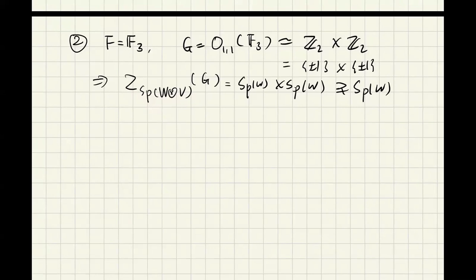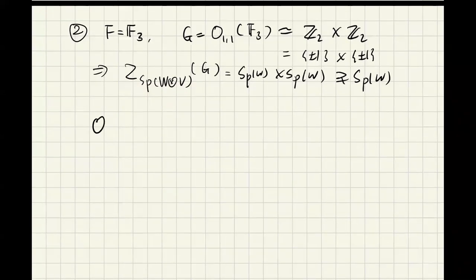Is that okay? O(1,1) is a very weird group somehow. For any field F, it is F cross semi-direct product with the element (0,1;1,0).